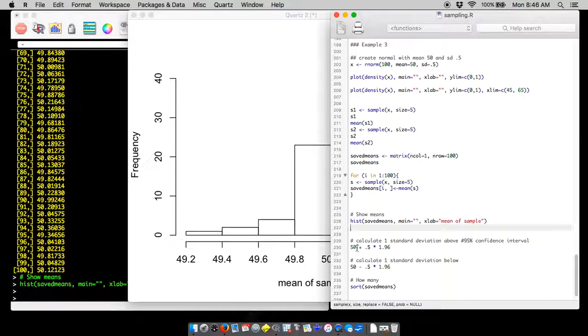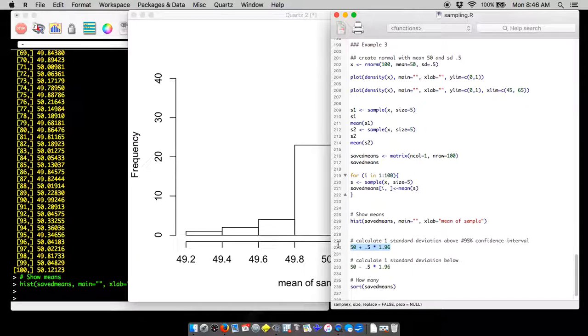And what you do there, and you'll probably do this calculation quite a bit, is take the mean, 50, plus the standard deviation, which is 0.5, times 1.96. Now, why 1.96? Well, we know that 95% of the distribution lies within 1.96 standard deviations of the mean. And we get this from the standard normal distribution table from the previous chapters on probability.